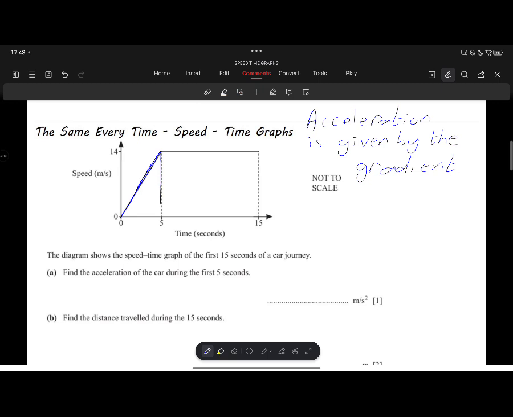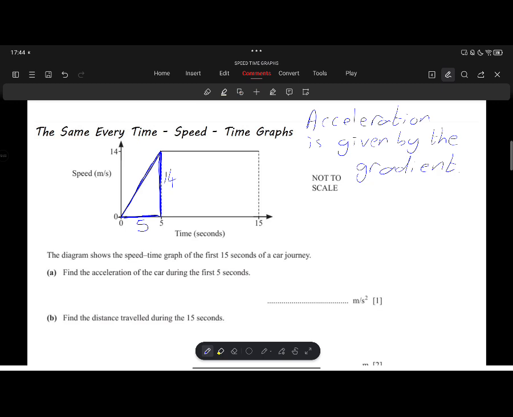And remember how to do a gradient? We need to make this triangle thing here. Change in y, if you like, and change in x. Some people say rise over run. So my change in y, or my change on the speed axis, is 14, and my change on the x-axis, or my change on the time axis, is 5.